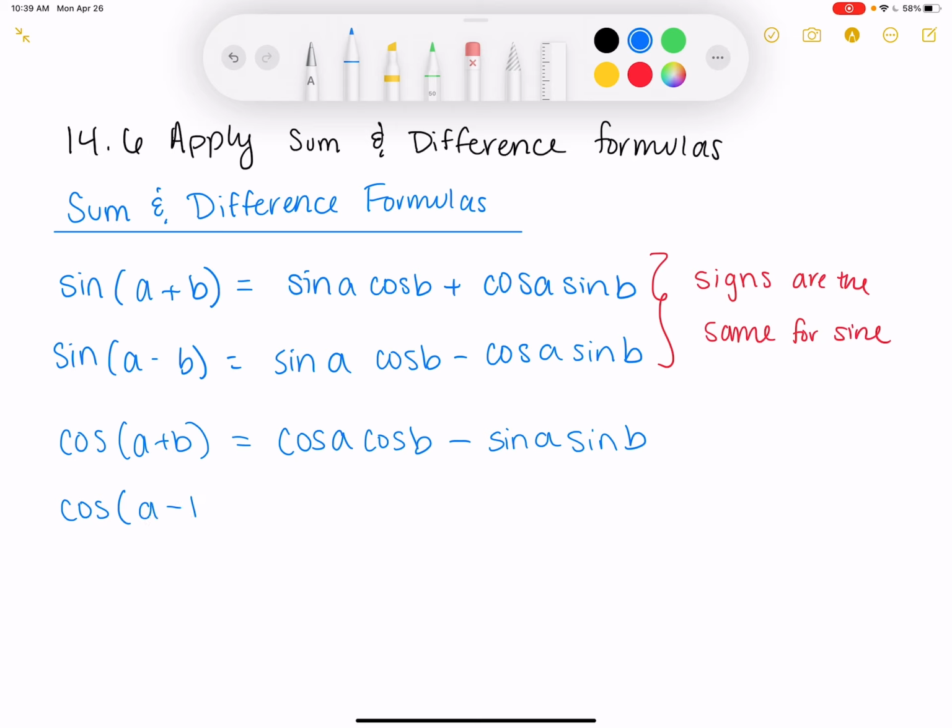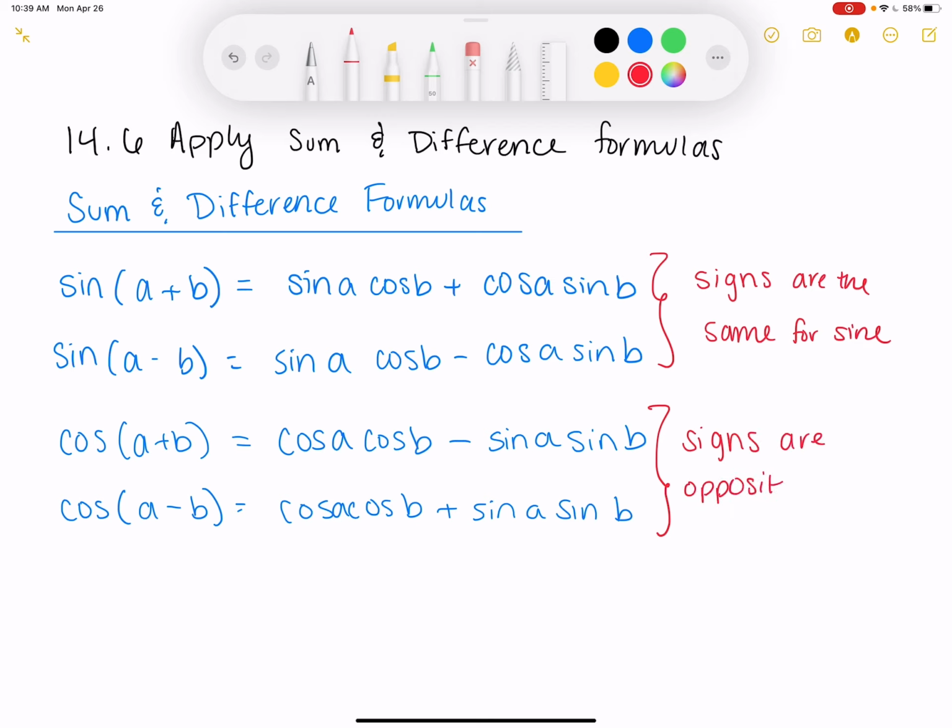Cosine of A minus B equals cosine of A, cosine of B, plus sine of A, sine of B. Signs are opposite for cosine. Cosine of A times cosine of B? Yeah. But there's 2 signs. Oh, my bad.